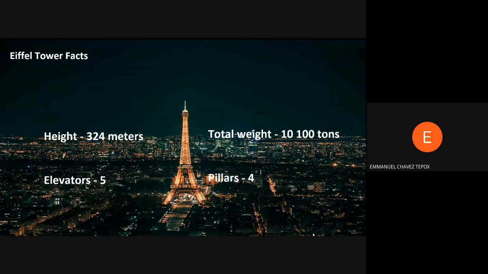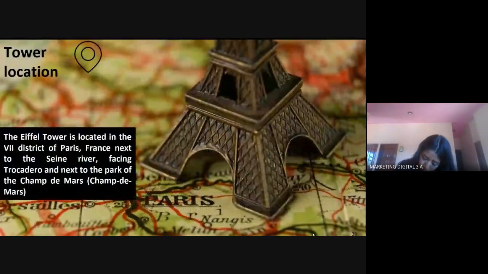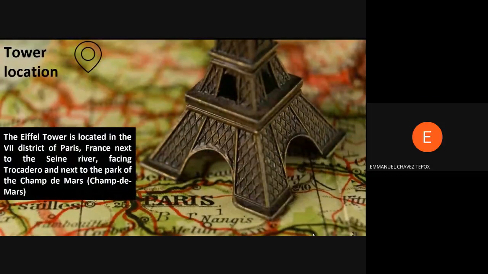And next. Tower location. The Eiffel Tower is located in the 7th district of Paris, next to the Seine River, facing Trocadero and next to the park of the Champs de Mars.